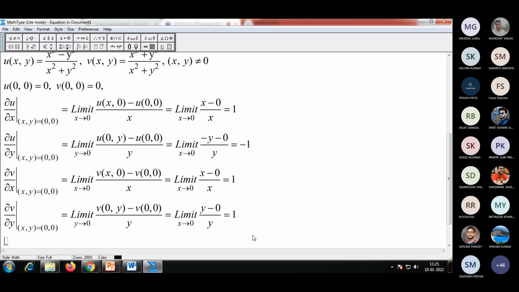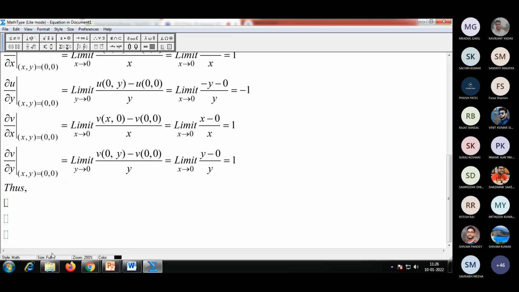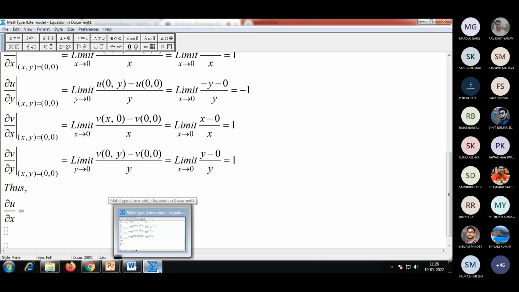Now please check whether the CR equation is satisfied or not. So del u upon del x, yes, please write the CR equation. What is the CR equation? Del u by del x is equal to del v by del y. So please check it.